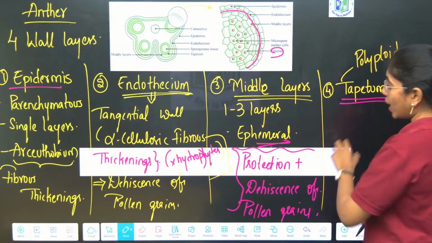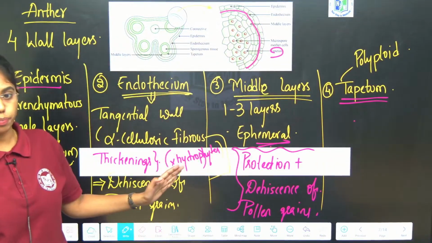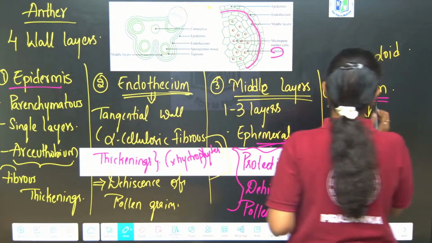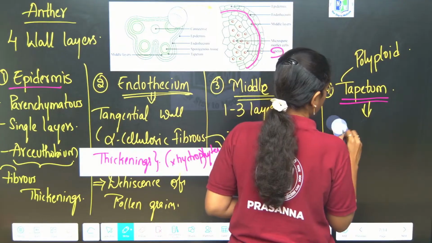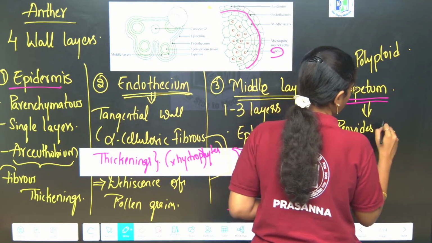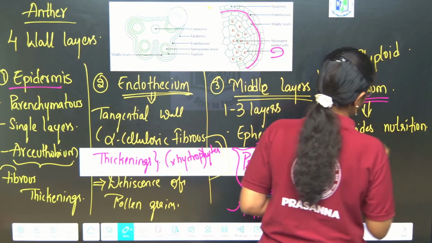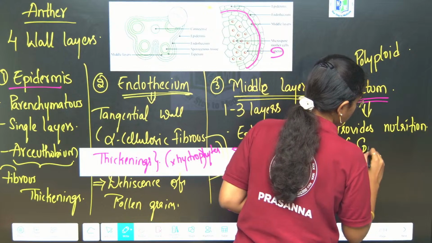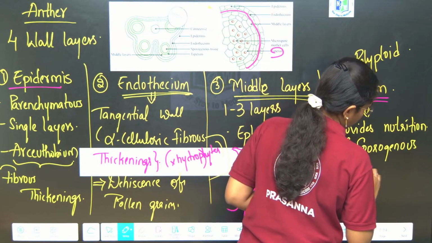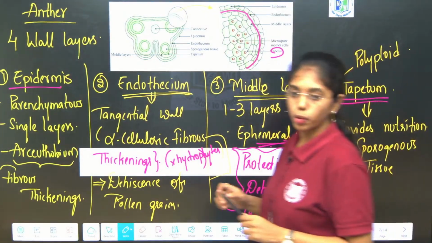The major function of these 3 layers is protection and dehiscence of pollen grains, but the function of tapetum is nutritive. It provides nutrition to the sporogenous tissue.